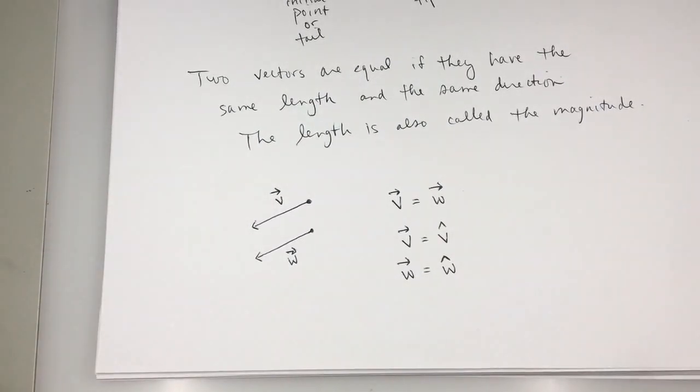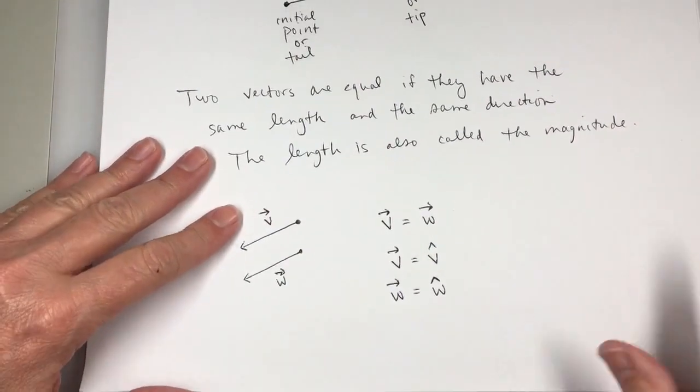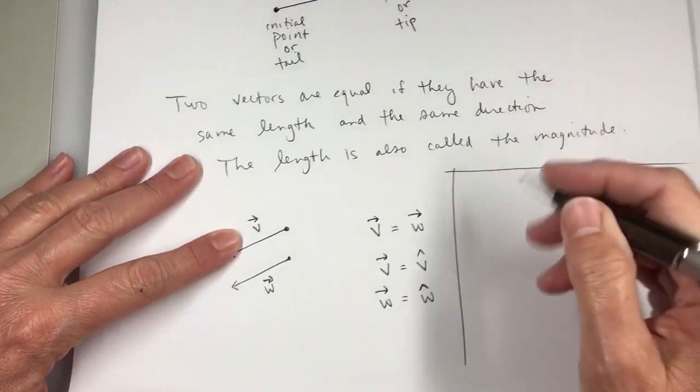But if that's when two vectors are equal, what we'll do is we will put the vectors on either the XY grid or maybe into R cubed, and we can place them there. So I'll write that.